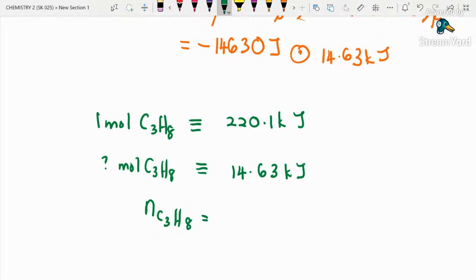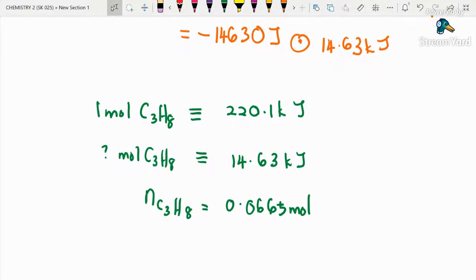Okay, I get 14.63 bahagi 220.1, 0.0665. I get this, and then dia nak mass.